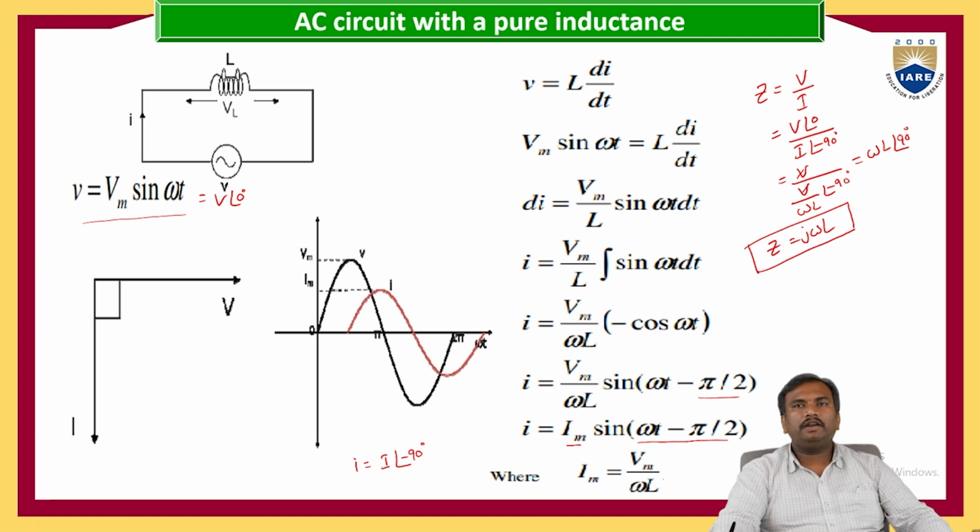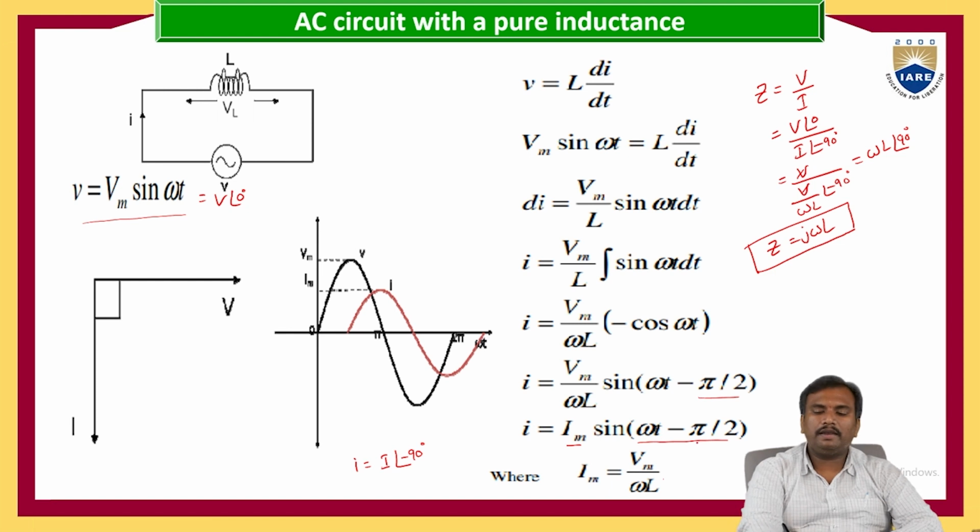And now we need to draw the waveforms, and we have to say which waveform is lagging and which waveform is leading. Here we got omega t minus pi by 2. Minus pi by 2 is nothing but the waveform starting after the 0 point.